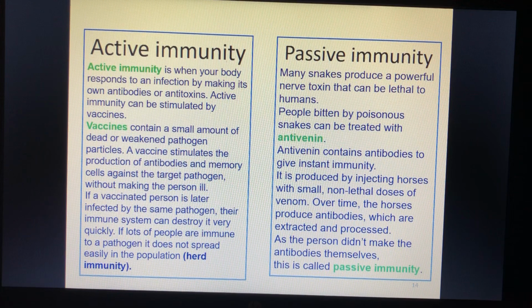Okay, we are actively doing this. So we are taking the part of the disease or the part of the antigen that's in the vaccine and learning how to fight it actively ourselves.